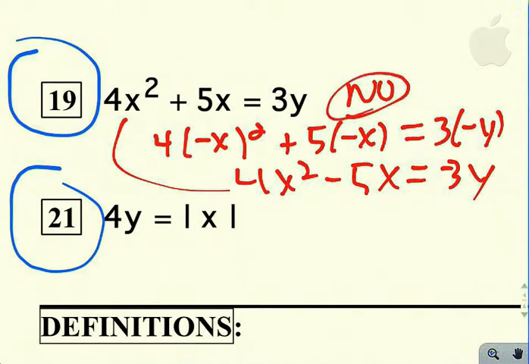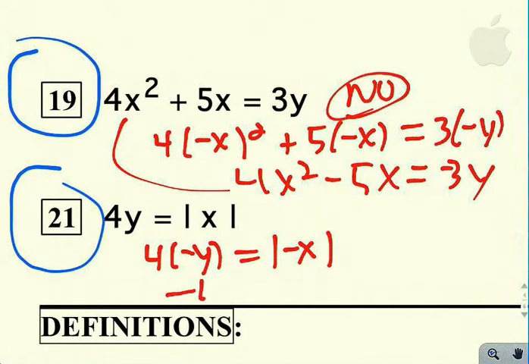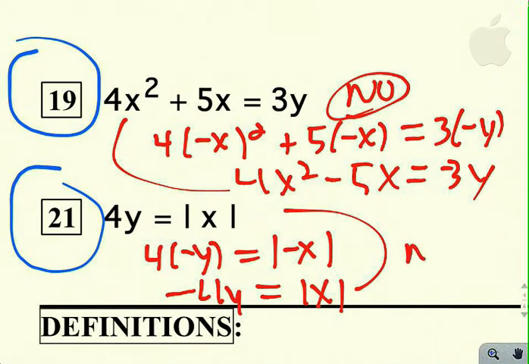So no origin symmetry here. And number 21, negate the y and negate the x. Well, the absolute value of a negative is positive. And these two aren't equivalent. So there's no origin symmetry on that one.